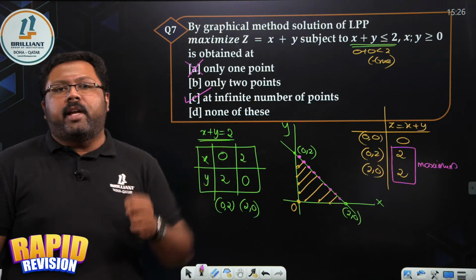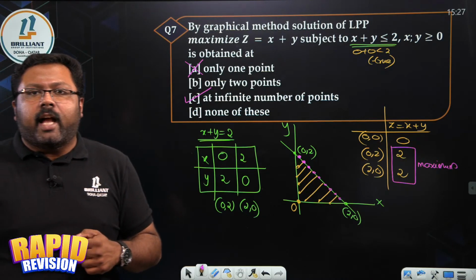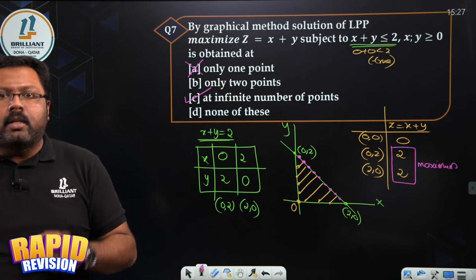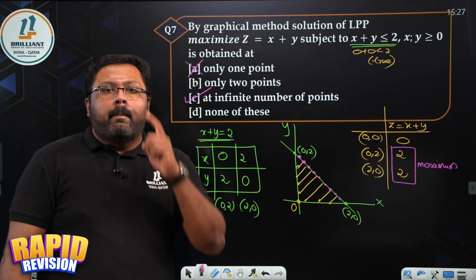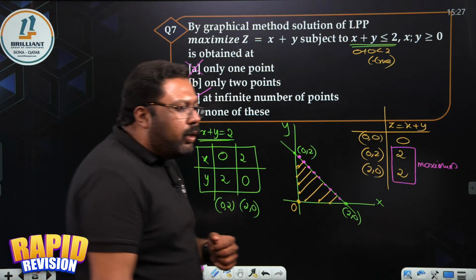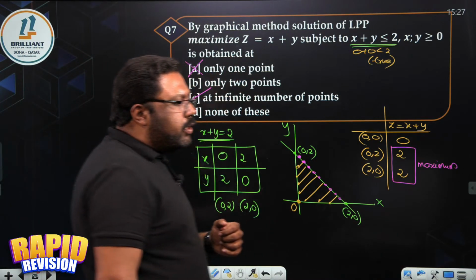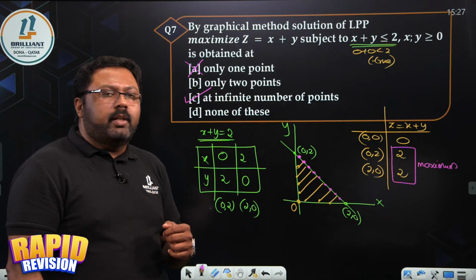If there are 2 points where the optimal solution occurs, you should not say it's only at 2 points. You should say the optimal solution occurs at all points on the line joining the 2 points. Very good, but a B had come in the options, please change it, my dears.